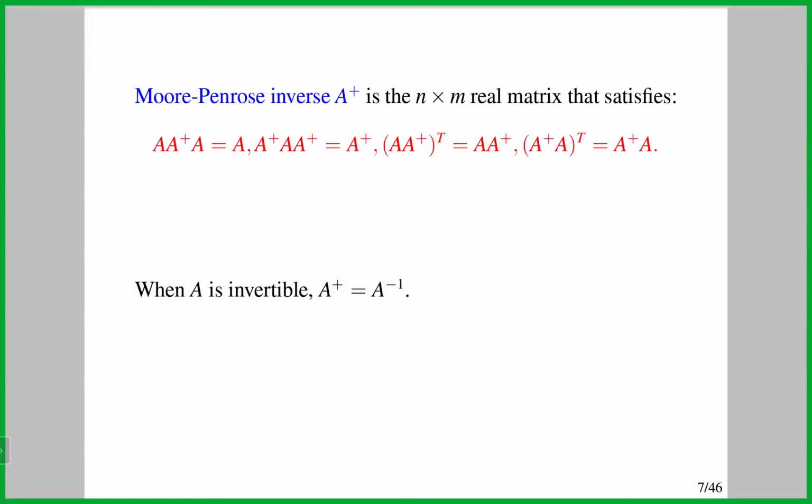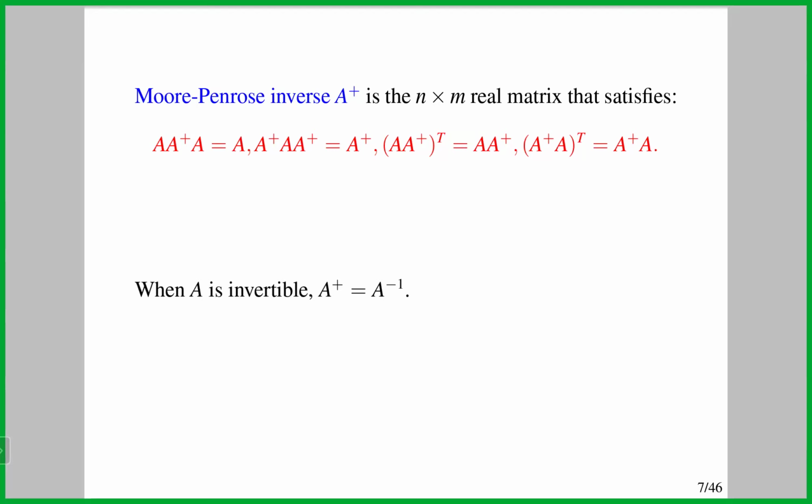If you have an m by n matrix A, the Moore-Penrose inverse A plus is an n by m matrix that satisfies these 4 equations. I'm not going to say the 4 equations; you can look at them. And obviously, if A is invertible, then A plus is going to be A inverse. That's why it's called a generalized inverse.